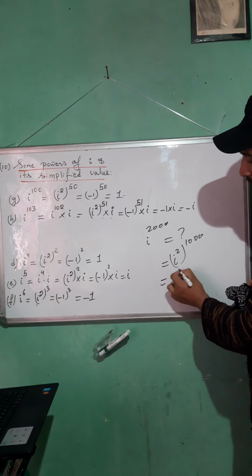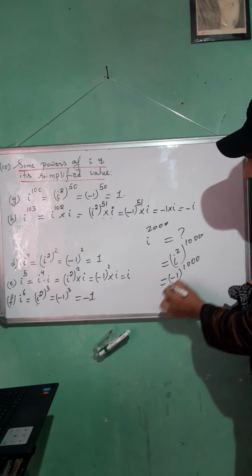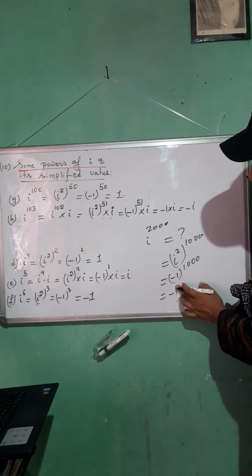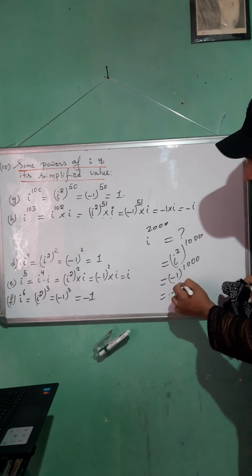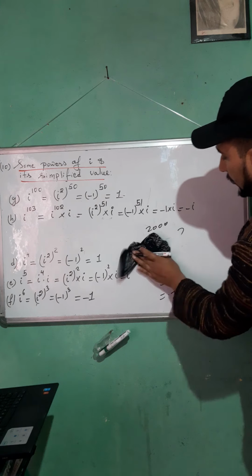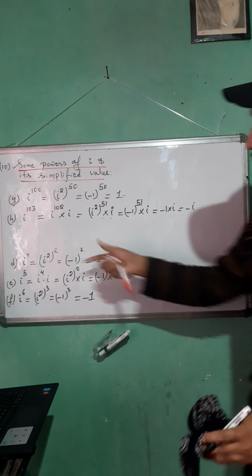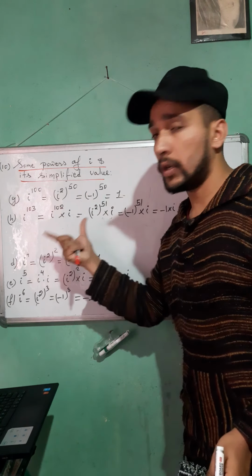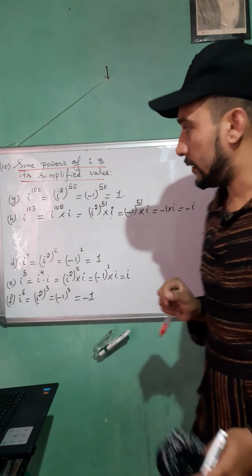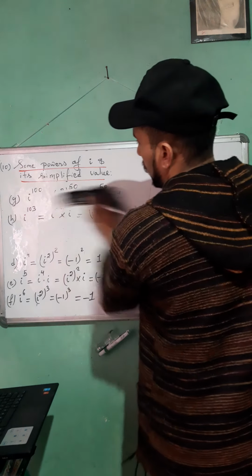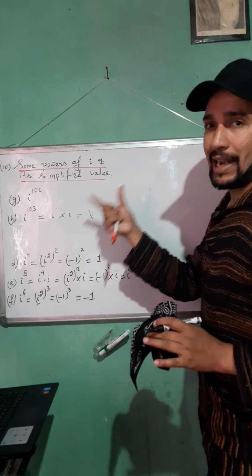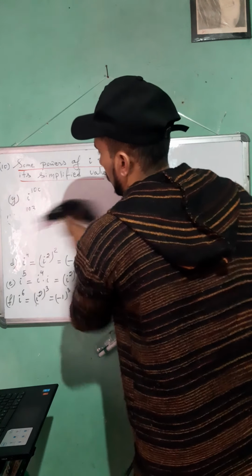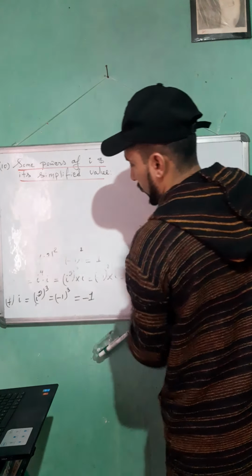So i square, minus 1 to the power 1000 is minus 1, sorry, plus 1, since the power is even. So in this way you can write the values quickly. No need to memorize this, just know the concept of how to write the values. You can also add this in your formula diary itself. Keep it in the formula diary up to number 10.